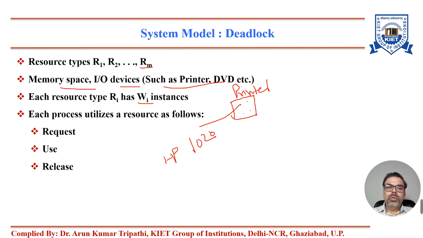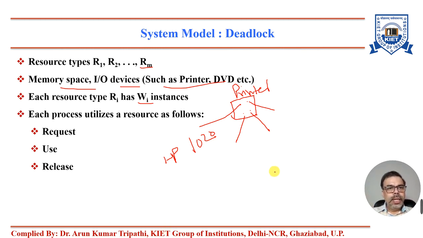So there are four instances of the printer resource. Instances means how many devices of that resource are allocated. Resources such as printer and memory are treated as resources, and how many there are in quantity are known as the instances.